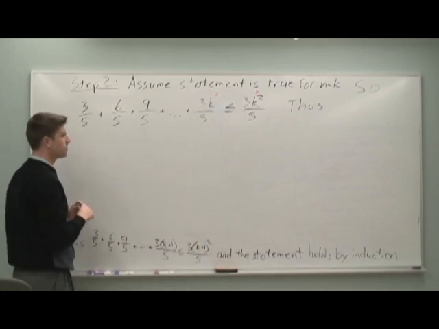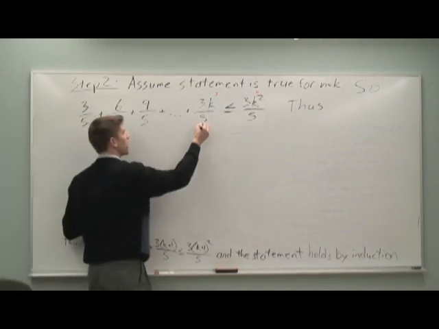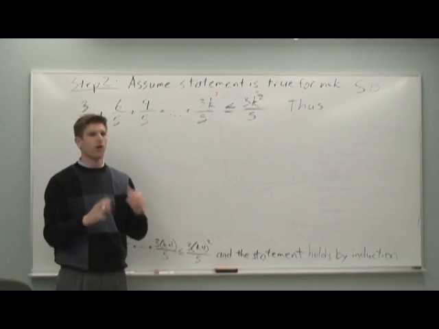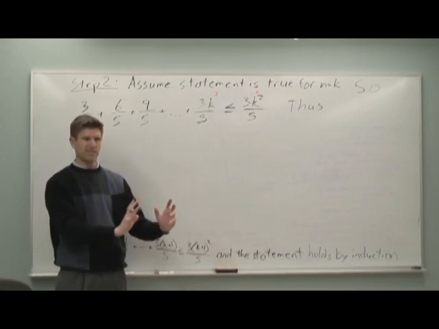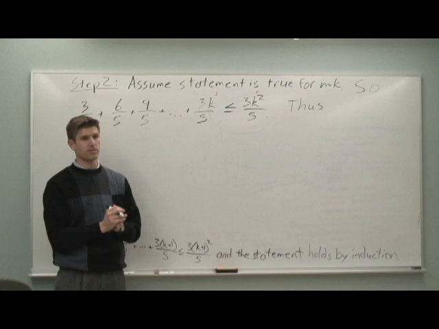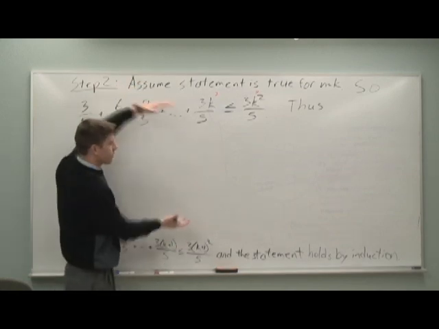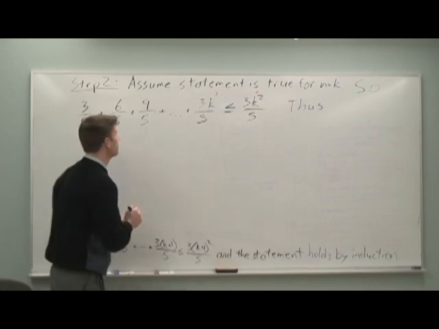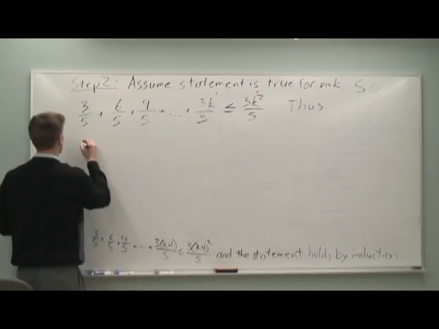Sound good? So the thing about mathematical induction is a large part of the proof is just knowing the structure. We haven't gotten to the part that really requires the algebra yet, or really requires the insight. But if you can't get to here, you're not going to even get a chance to play the game. So we're going to start with this.